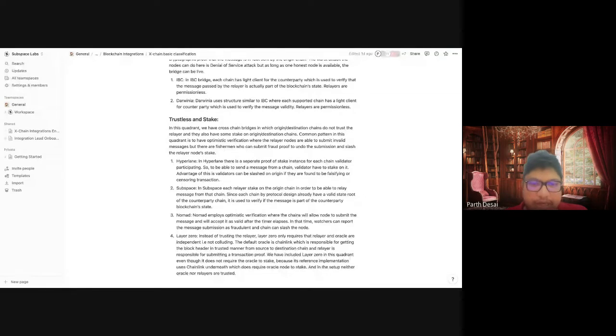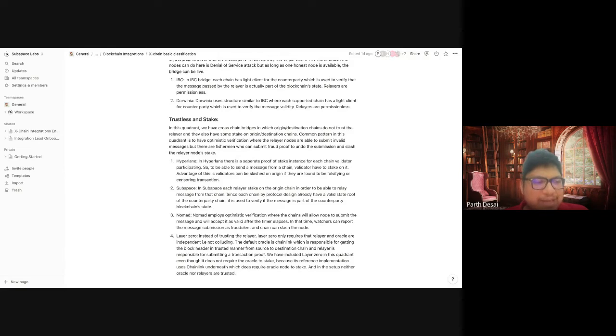Subspace, I guess you guys are already familiar with it, but from the previous design that I read about in the spec, each relayer stakes on the origin chain in order to be able to relay messages. And each chain, for example a core domain, has access to the primary chain as a source of truth. So they already have a valid state root for a particular domain, and it can be used to verify if a particular message is part of the counterparty blockchain state.